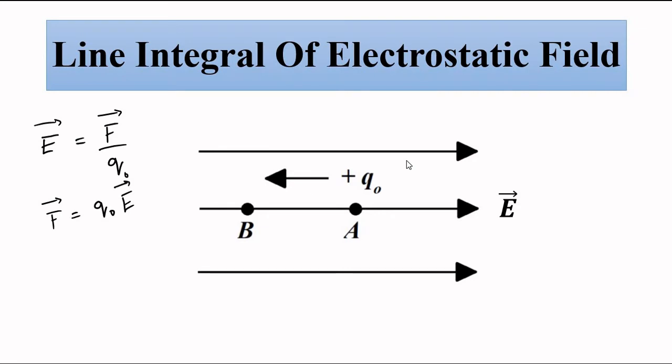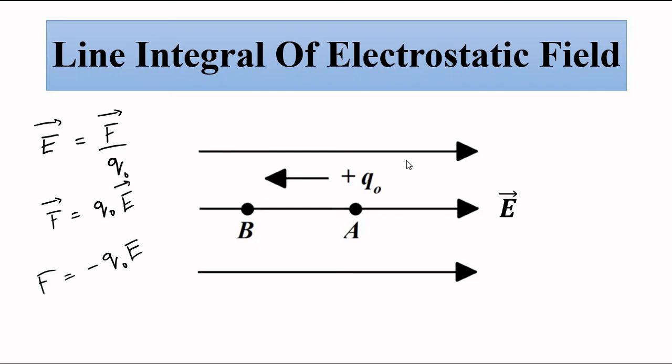If we have to move this positive test charge from A to B, we would have to exert an opposite force, because we are moving it in the direction opposite to the electric field. The electric field is acting from left to right, we have to move it from right to left. So we have to exert an opposite force which is equal to minus Q0 E. Only then can we move it against the electric field.